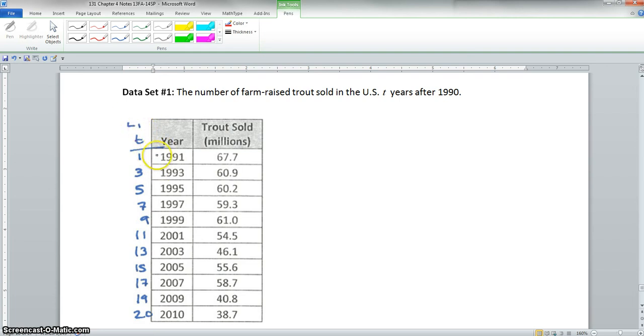This L1, remember I told you you need to rewrite this. If you notice, since it's from 1990, 1991 will be 1, 1993 will be 3, and so on. That will be your L1. Now you know the trout sold in millions is actually your L2. So now, what we would need to do is this here. You needed to put it in your calculator and get the graph.